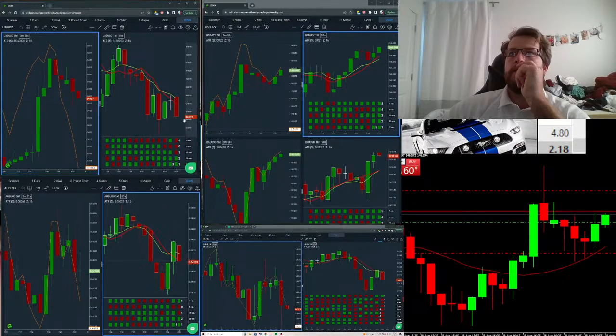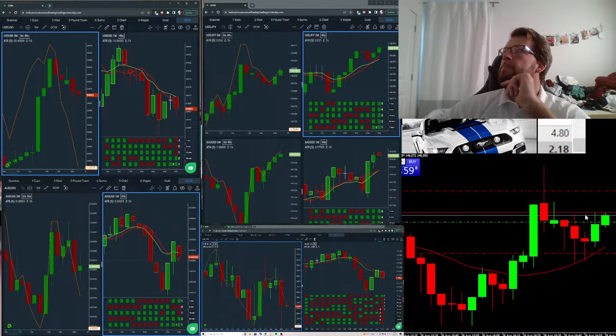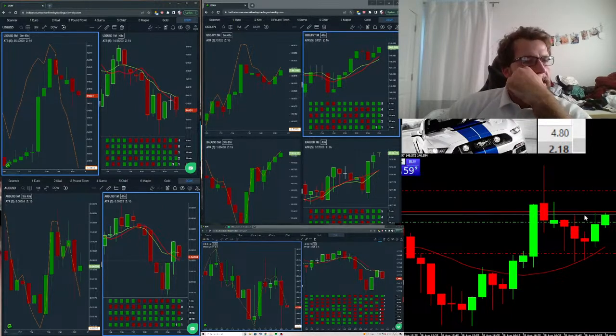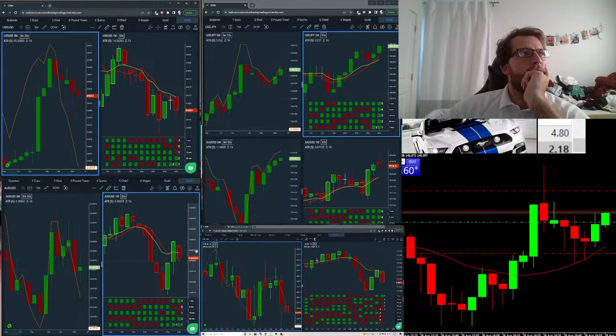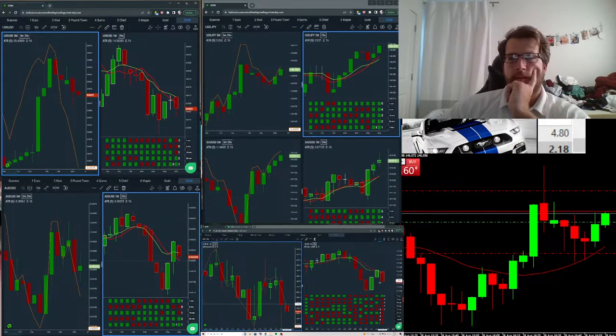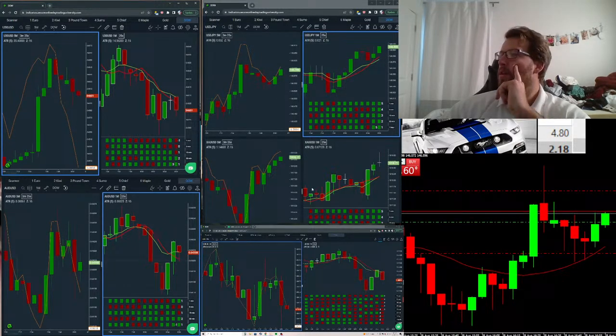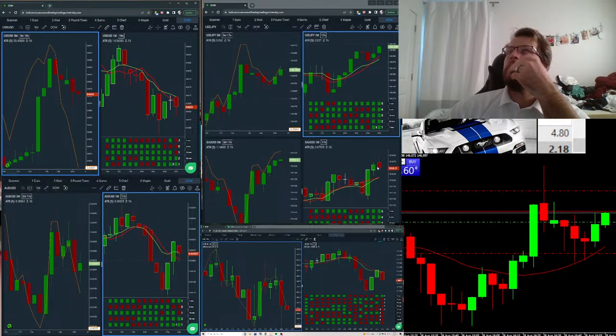Okay, looks like the yen's starting to move back up where we want it. Closest pair that's setting up for a trade is probably if this goes back up or if this one starts going back up. This one could possibly in just a little bit here.